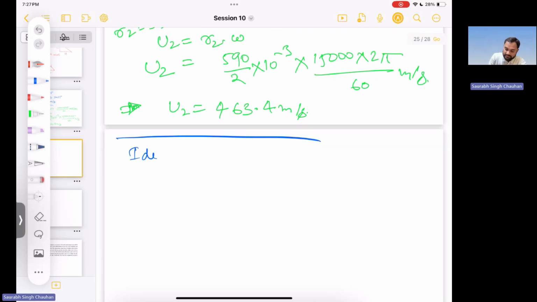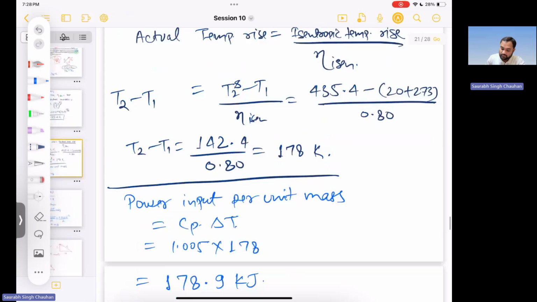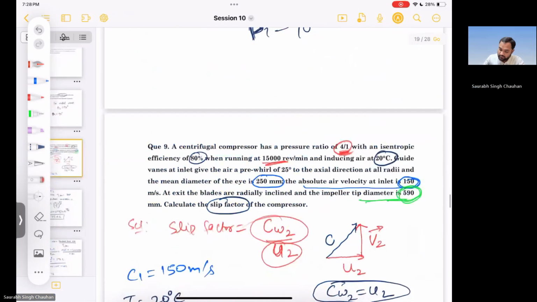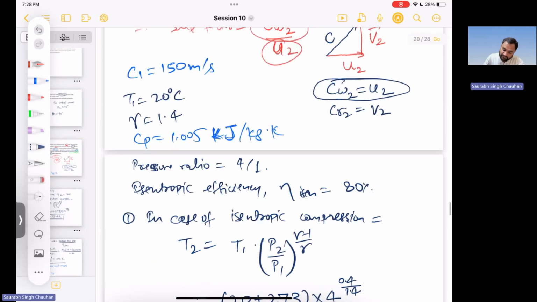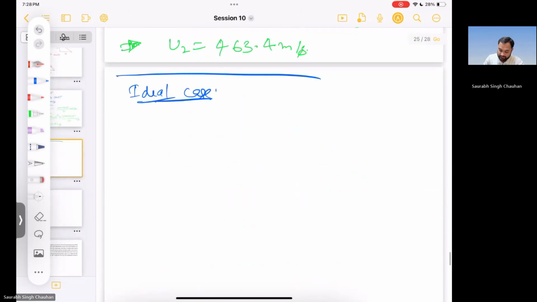For the ideal case, the flow should come out readily. If the blades are given as radially inclined, the flow will come out radially.